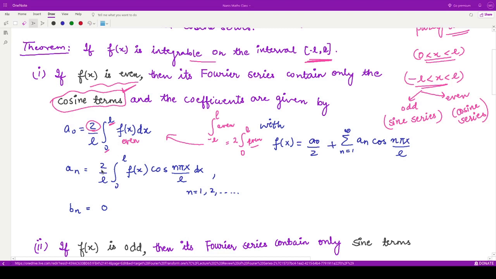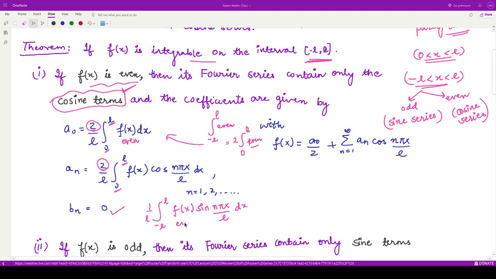Similarly, an also becomes 2 times the integral where the limits now change from 0 to L of f of x cos n pi x upon L dx. And bn in this case is 0, because the formula for bn involves 1 by L, integration from minus L to L of the function f of x into sine n pi x divided by L dx.